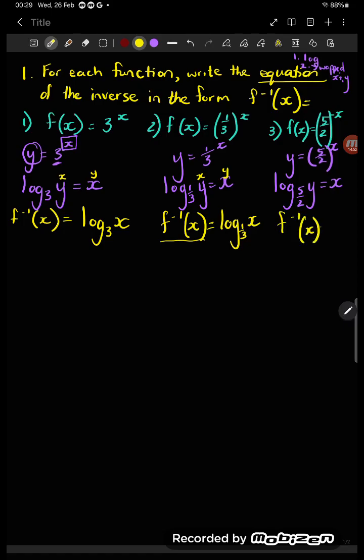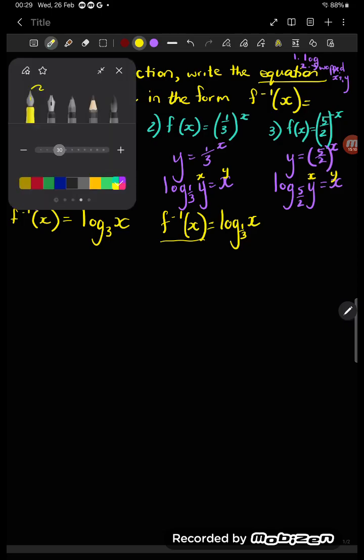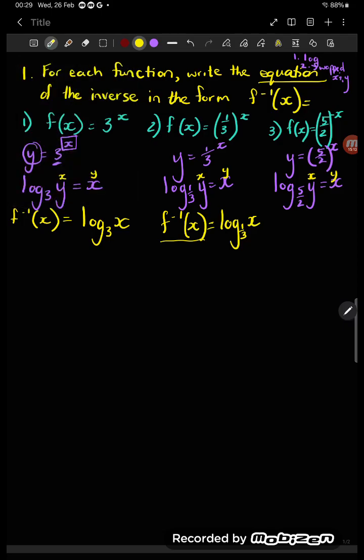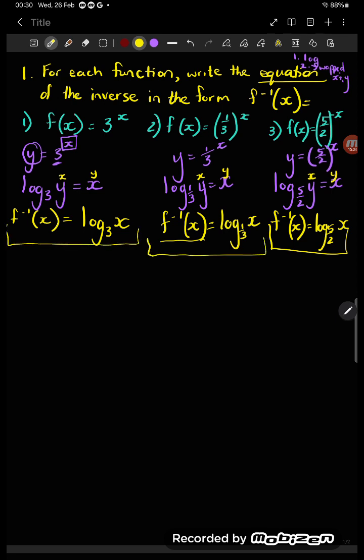Swap my x's and my y's, that's how easy it is. Let's get a little bit more space. So I'm going to have f inverse of x is equal to log base 5 over 2 of x, and that's my equation. Those are my equations for the inverse.